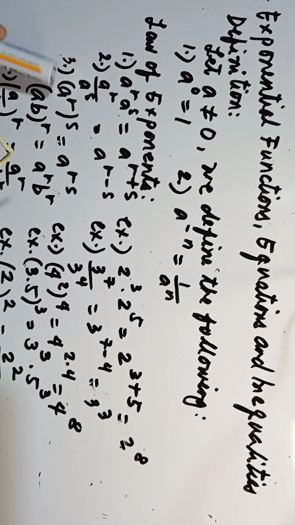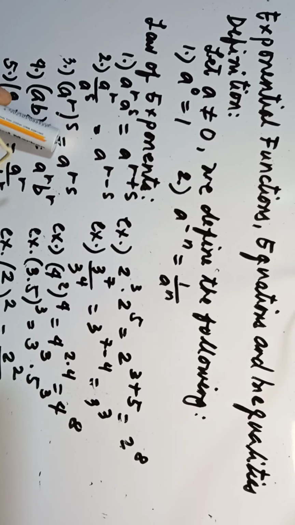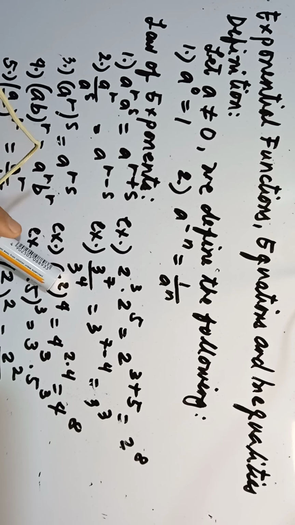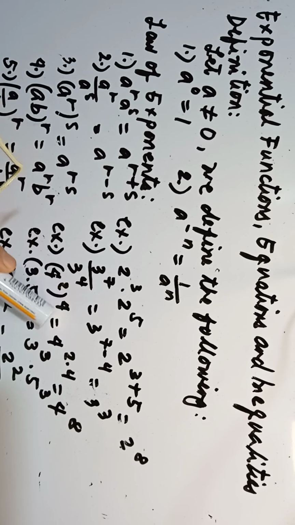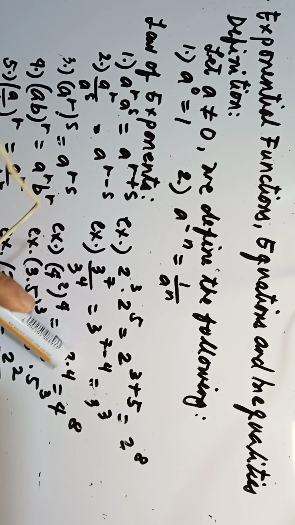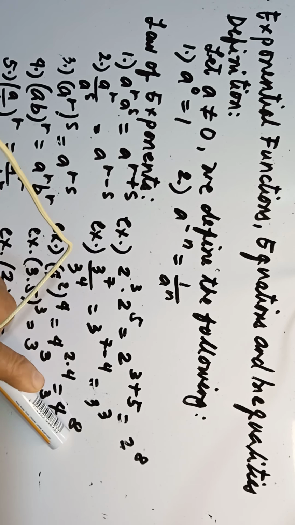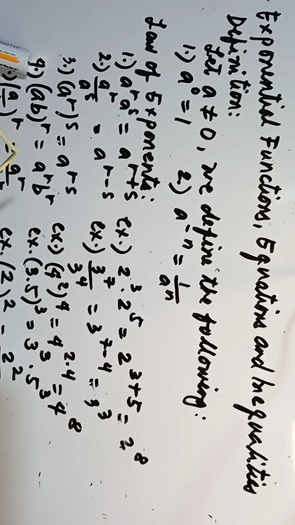Number 3, a raised to r, raised to s, equals a raised to r times s. Example, 4 raised to 2, raised to 4, equals 4 raised to 2 times 4, equals 4 raised to 8. Number 4, a times b raised to r equals a raised to r times b raised to r.